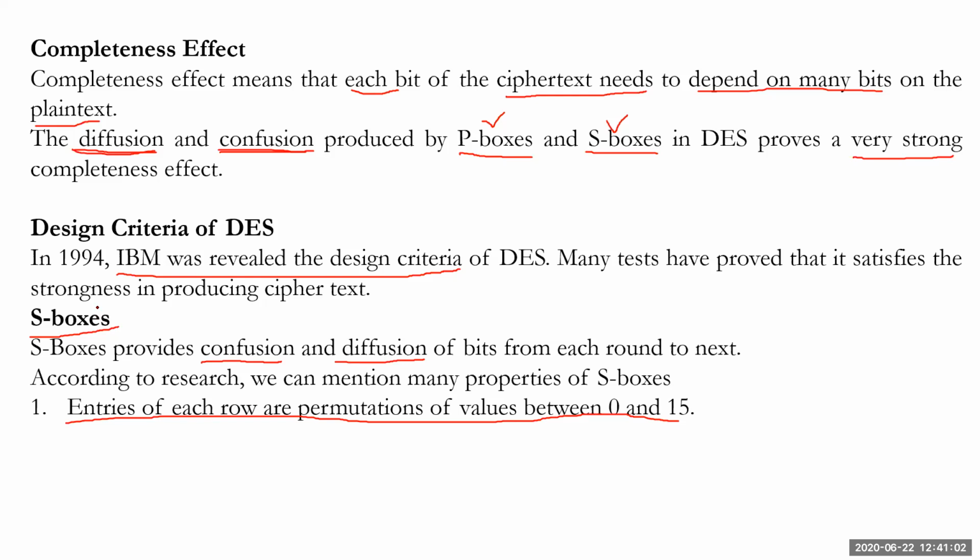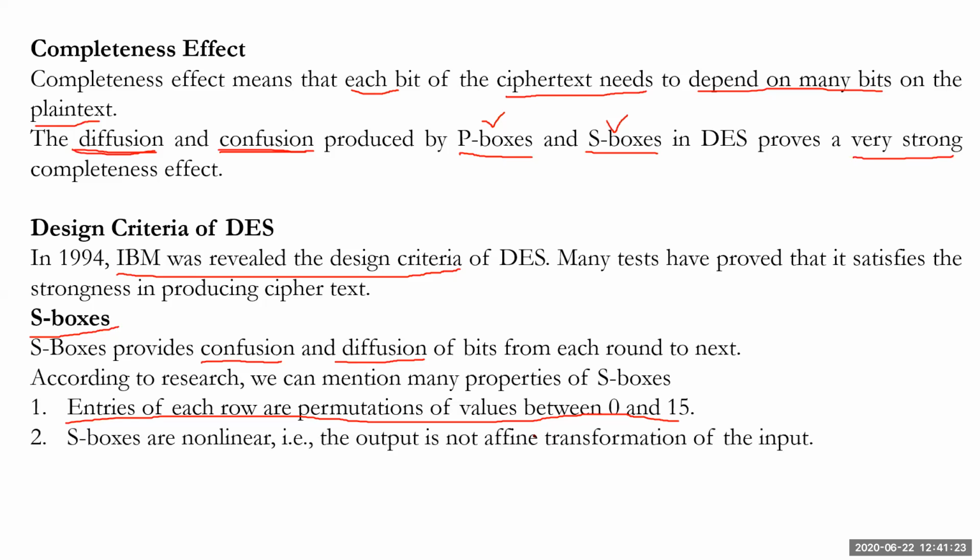The rows are 00, 01, 10, 11, and the columns are 0000, 0001, and so on. We have mentioned them in decimal as 0, 1, 2, 3, 4, 5, 6, and so on up to 15. Based on that, confusion and diffusion happen.